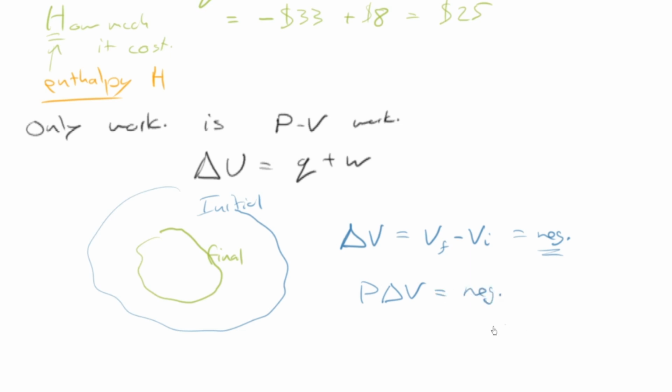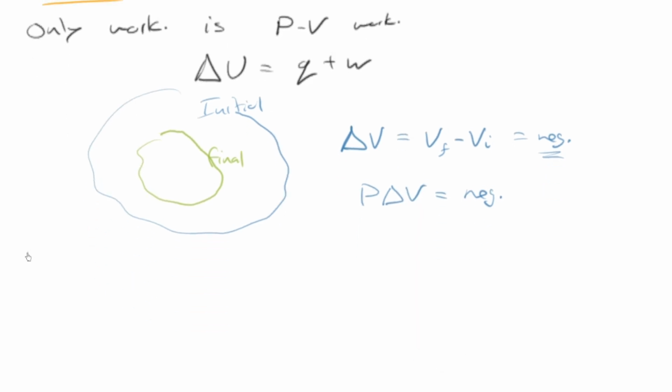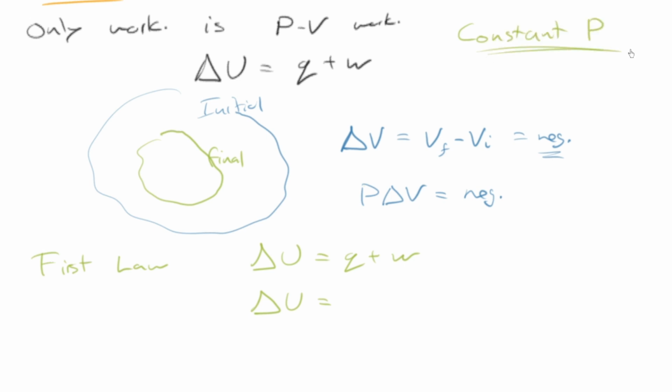So if we write our first law, which was delta U equals Q plus W, that now becomes delta U equals, and this is for PV work, and also you'll see that I did this for constant P. Most of the processes we do are exposed to the atmosphere, so the pressure is fixed at 1 atmosphere.